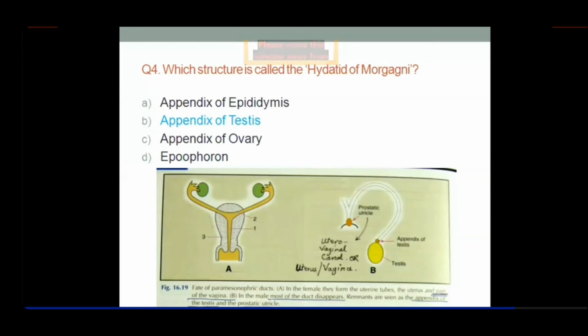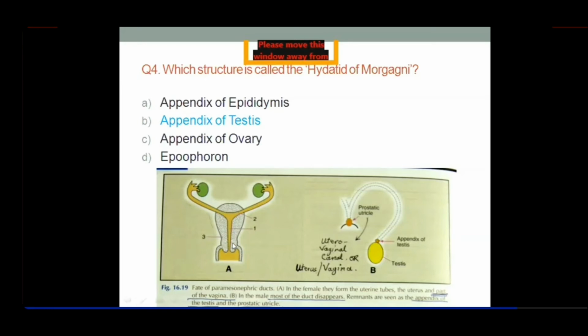So the posterior aspect of the prostatic urethra in males has a developmental remnant of the Mullerian duct that is called prostatic utricle. So prostatic utricle in males is said to be homologous to the vagina, or its lower end.